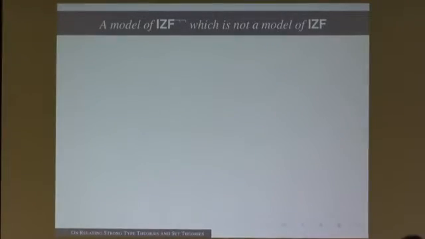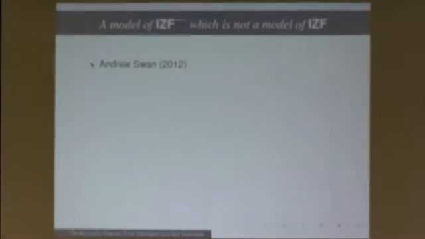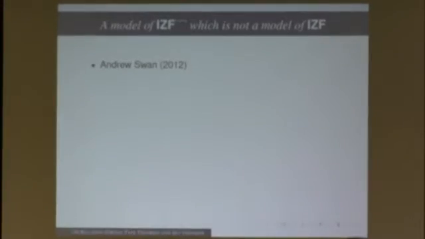Just to come back to the first thing, wouldn't it be lovely, you can actually create models of negative IZF, models of negative IZF which are not models of IZF. And I only observed this recently.